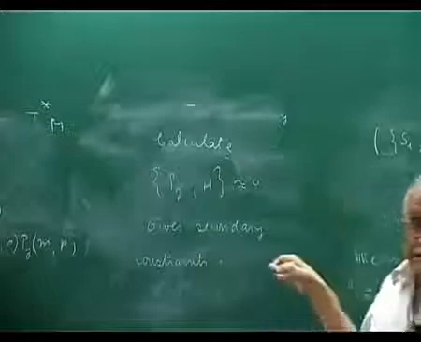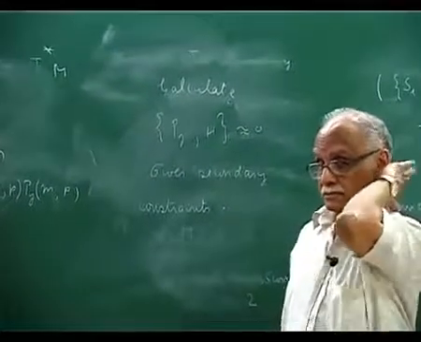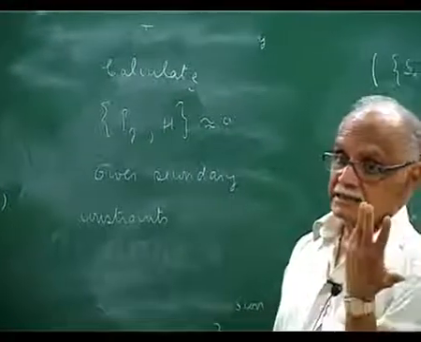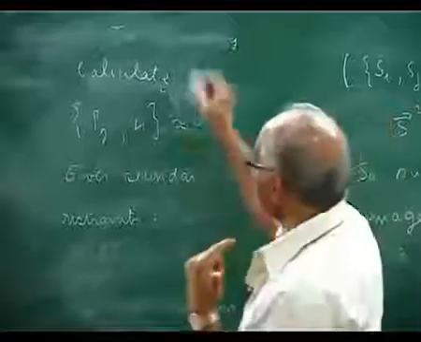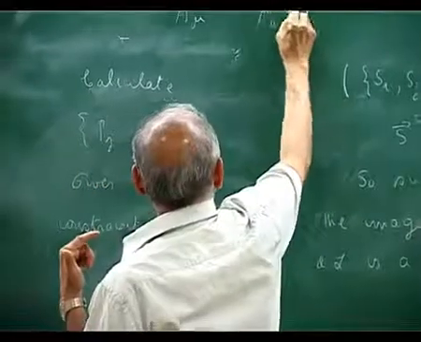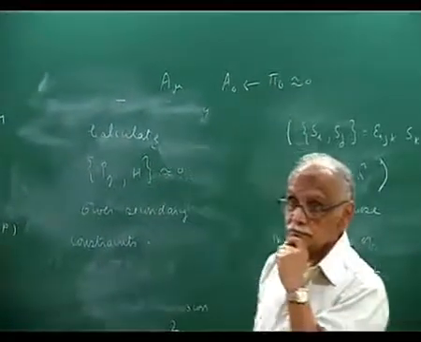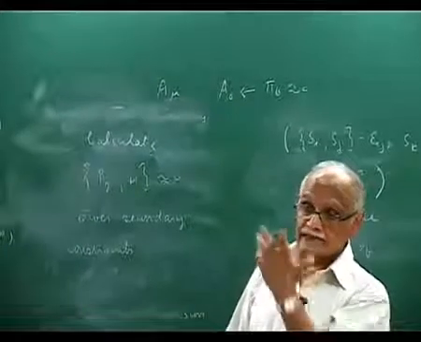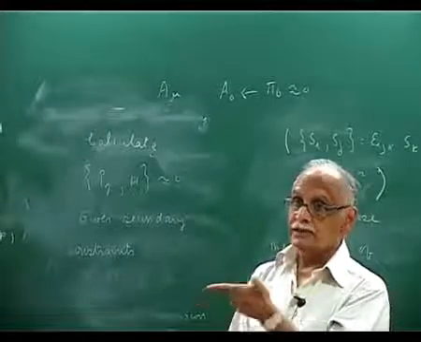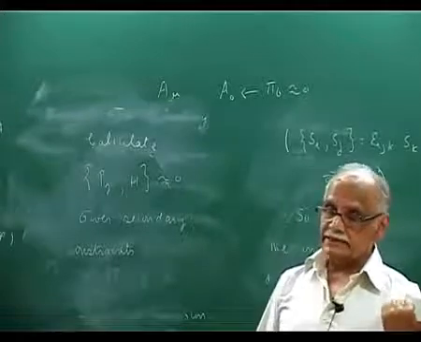For example, if you do it in electrodynamics, which is a good example, you will find that the primary constraint is that the momentum conjugate to A0, if you have the electromagnetic potential A mu, is weakly 0. I am just telling you. Then if you look at the secondary constraint coming from P0, you will get the Gauss law. And you will find no tertiary constraints, it will stop there.